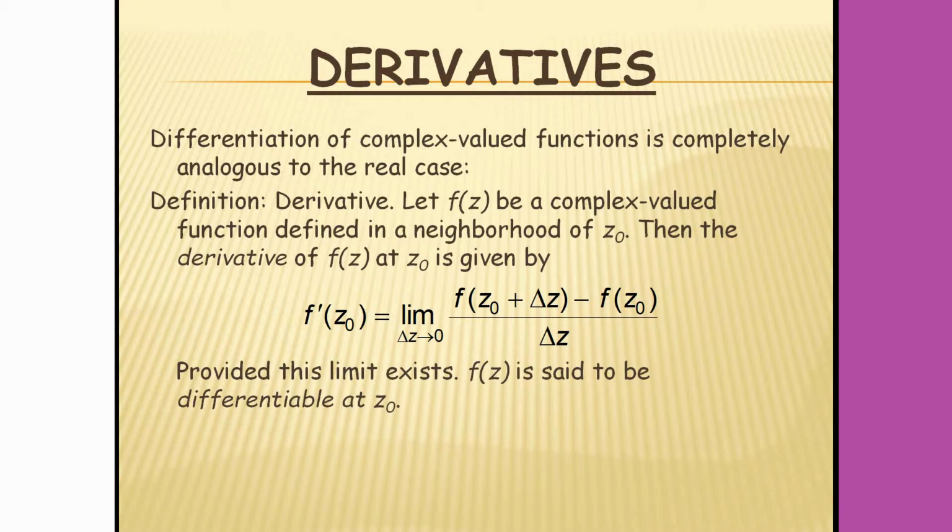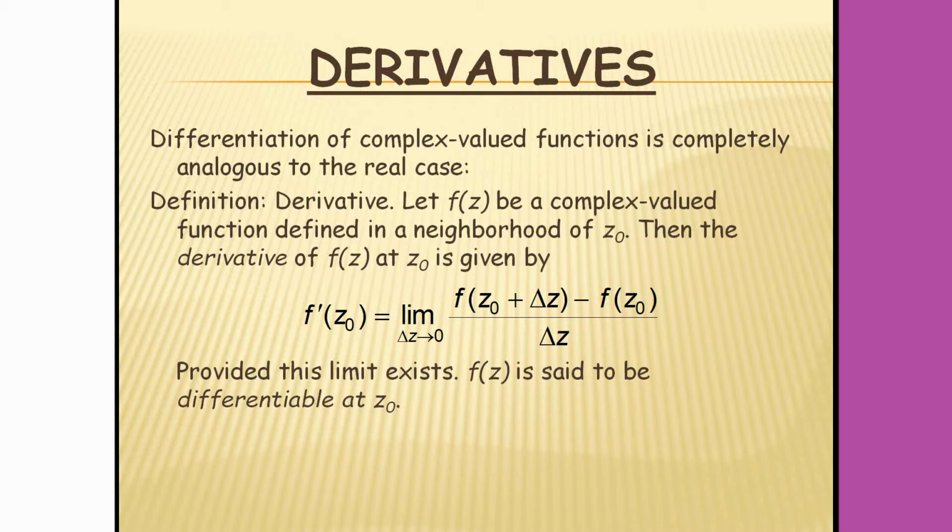You are given a function f of z, a complex valued function, defined in a neighborhood of a point. Then the derivative of f of z at z naught is the limit of f of z naught plus delta z minus f of z naught divided by delta z, as delta z tends to 0. If that limit exists, we say the derivative exists, and denote it by f dash of z naught.